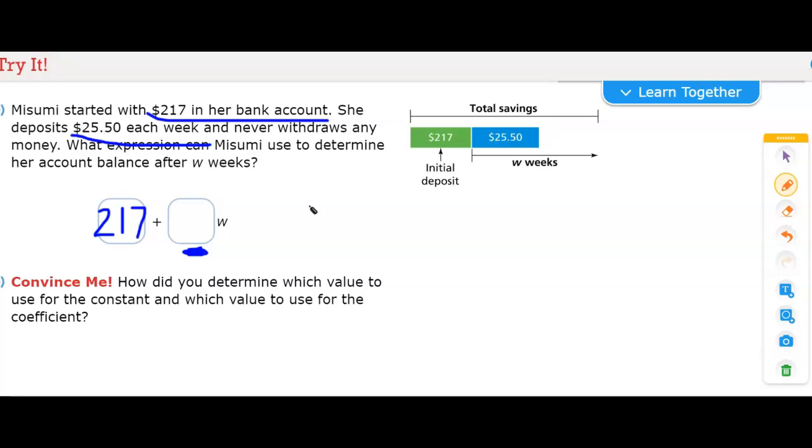So we're going to put the $25.50 times the W in that other blank space. And that is all we have to do because they don't want us to solve, just to write the expression.